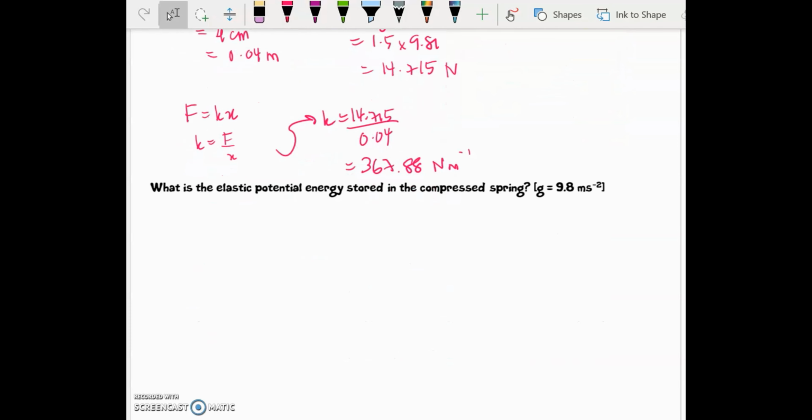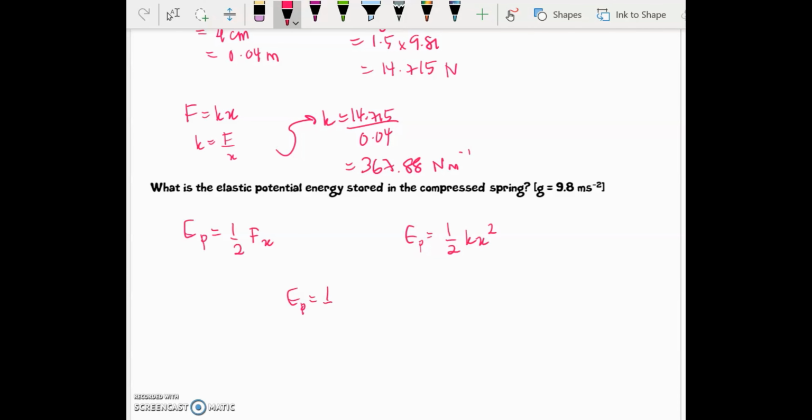Okay, next question. What is the elastic potential energy stored in the compressed spring? To find the elastic potential energy, you can use formula EP equals half Fx, or you can use EP equals half Kx squared. Since you already found the value of K from the previous question, I think I'm going to use the second formula.